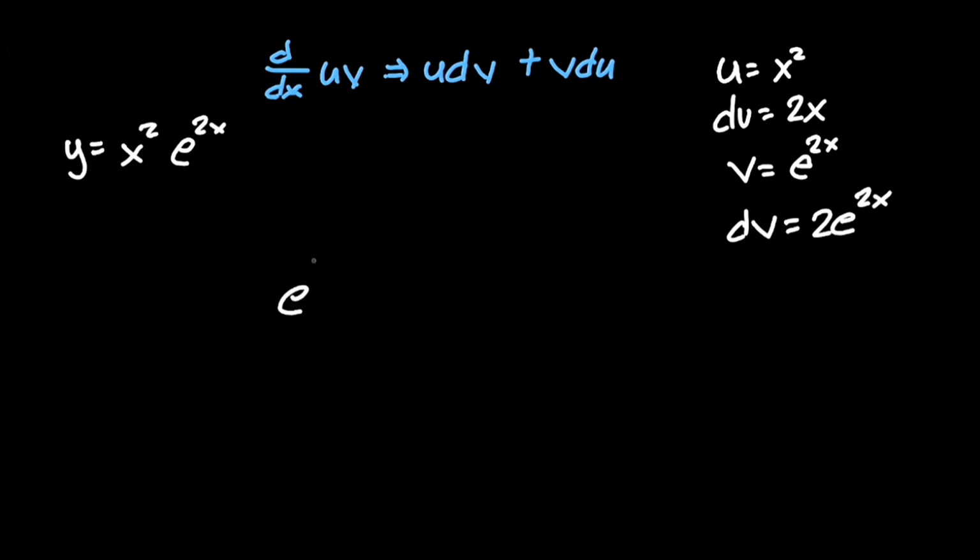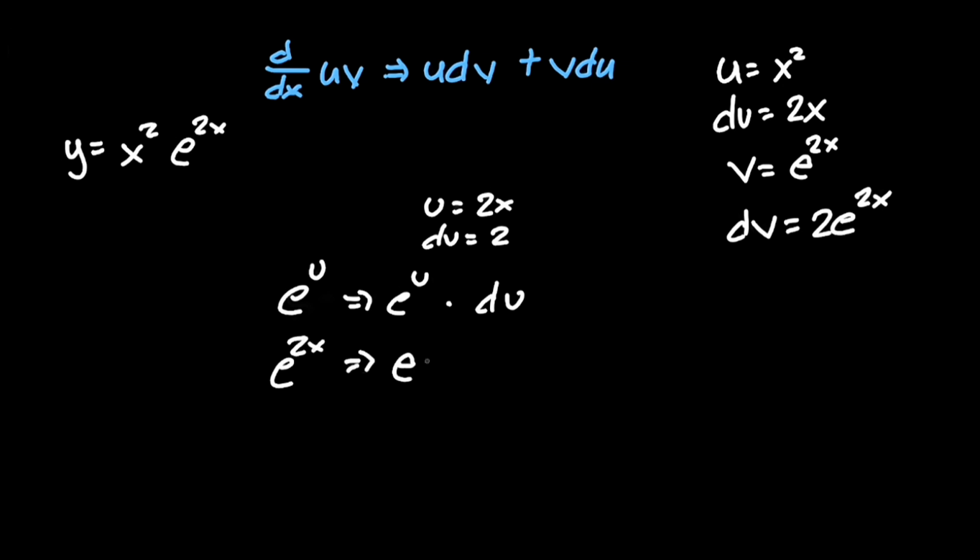As usual, the formula for this would be e to the u multiplied by the derivative of u. U here in this case is 2x. The derivative of u would be 2. So in this case, the derivative of e raised to the power of 2x would be e raised to the power of 2x multiplied by 2, which makes it 2 multiplied by e raised to the power of 2x.